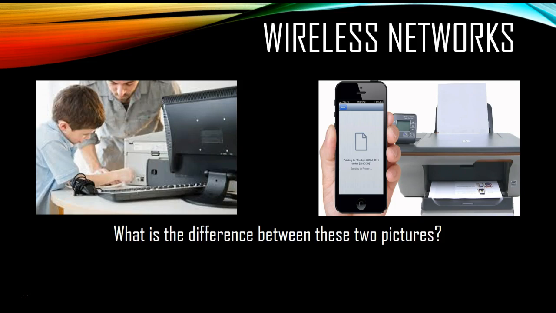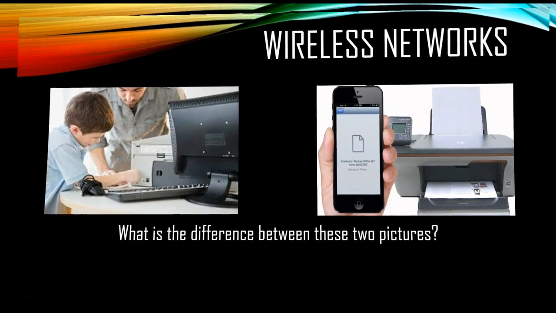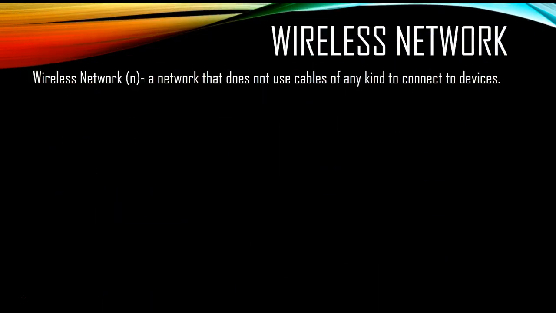So what do you notice is the difference between these two pictures? Right. In this picture, the little boy is having to use a wire to connect the printer to the computer. And in this picture, you just have the phone being connected to the printer wirelessly without a wire. So a wireless network is a network that does not use cables of any kind to connect a device.